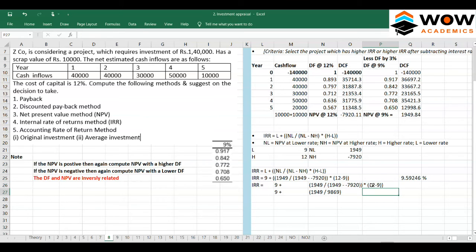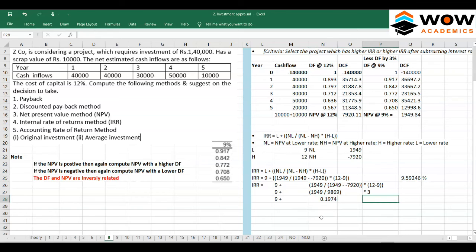So when we solve this, 12 minus 9 will become 3. So again, bring this number down. Now solve this part, and you will get the answer. The number that you get is 0.1974.